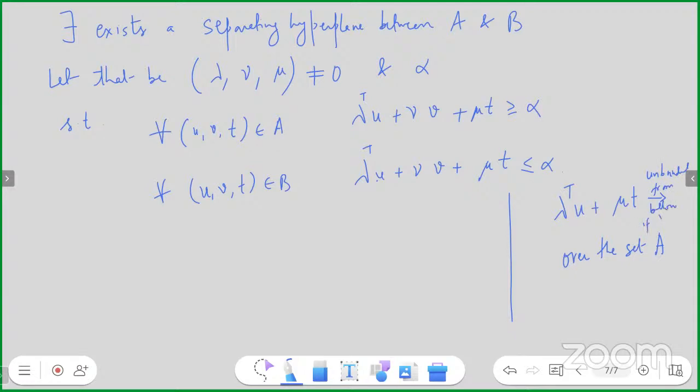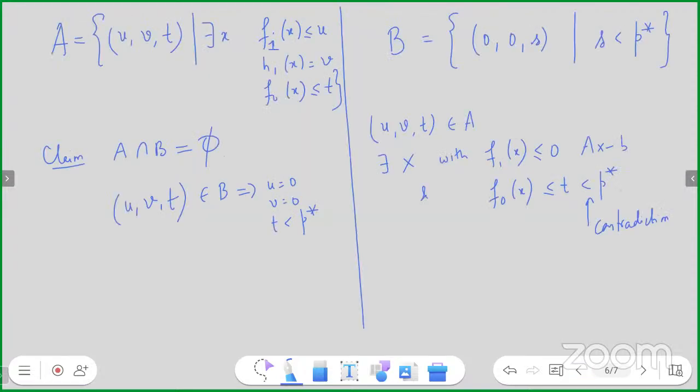If U, T is in it, then for every U dash less than U, U dash, T is also in it.